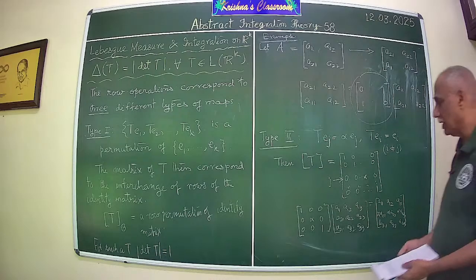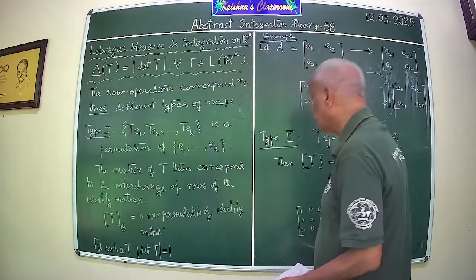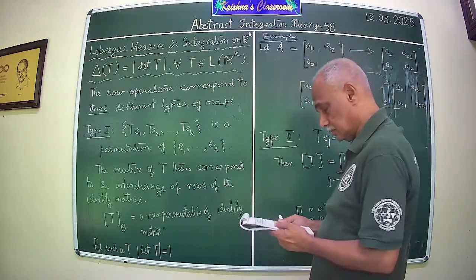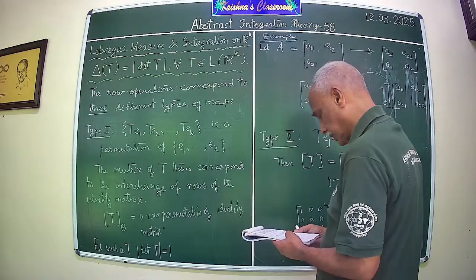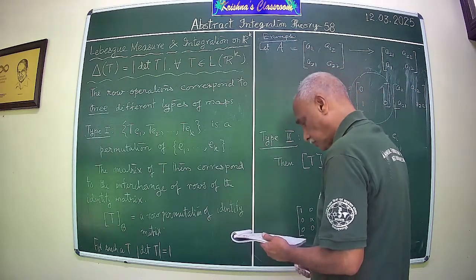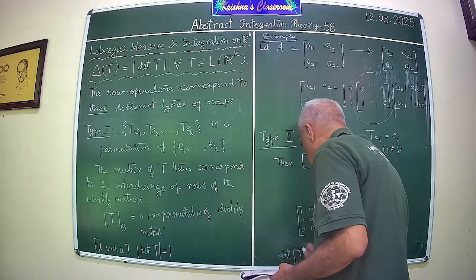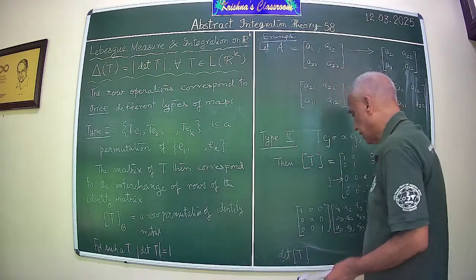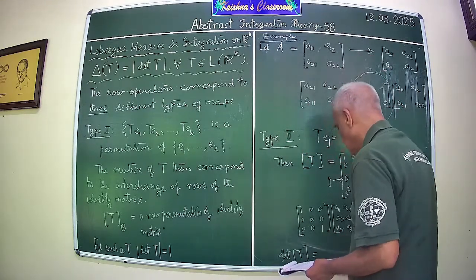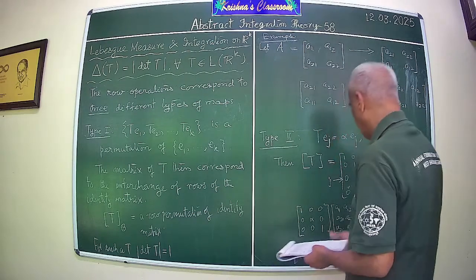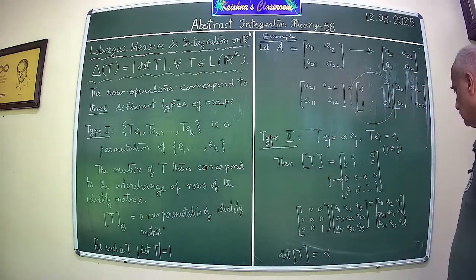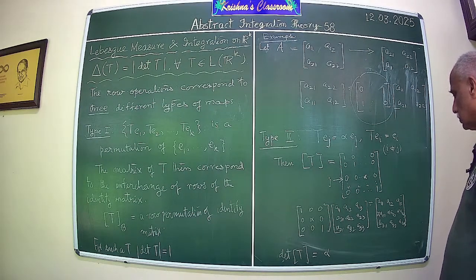So in that case what happens? The corresponding determinant is then equal to simply alpha. Right?